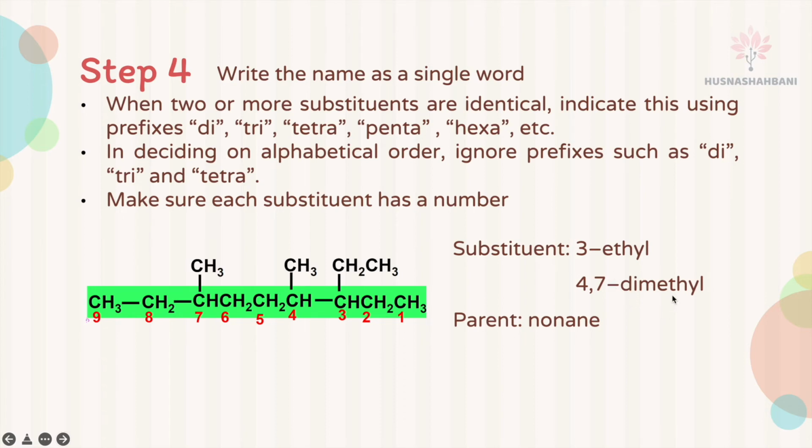Di means 2. The parent is nonane, the longest carbon chain. So the full name: we look at E here, alphabet E. In deciding alphabetical order, ignore prefixes. So we ignore di, we look at M, methyl. So E first and then M. So the name is 3-ethyl-4,7-dimethylnonane.